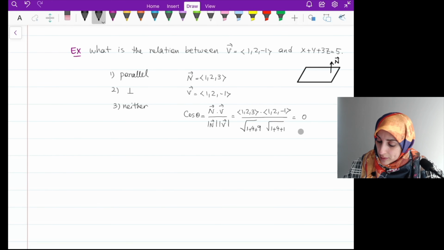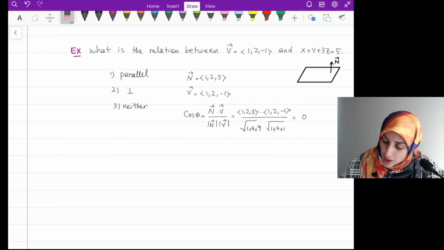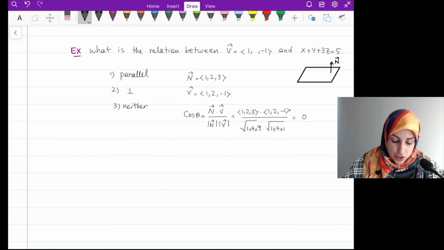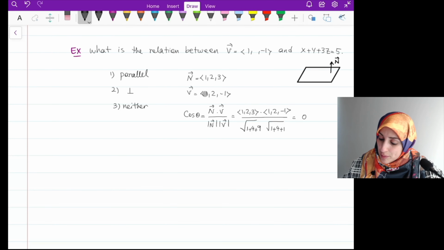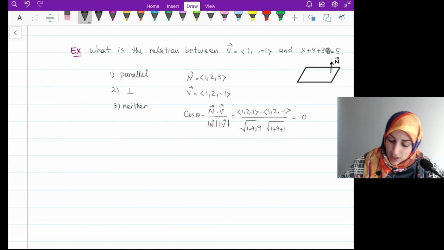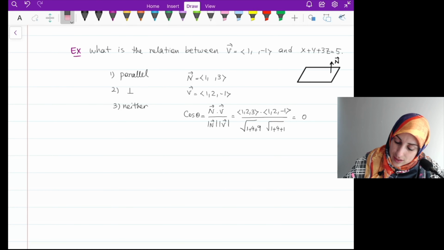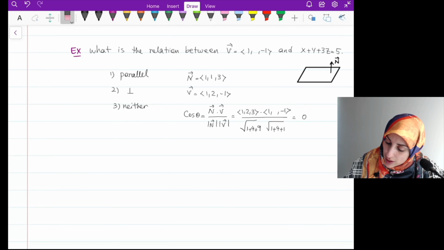Oh, I made a mistake. I want this one to be equal to... no, that was correct. I put n wrong, so n is 1, 1, and 3. So it's 1, 1, and 3.